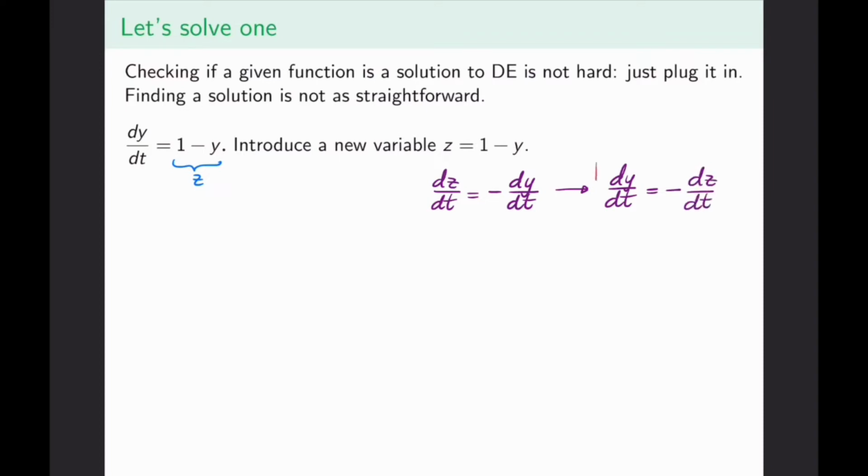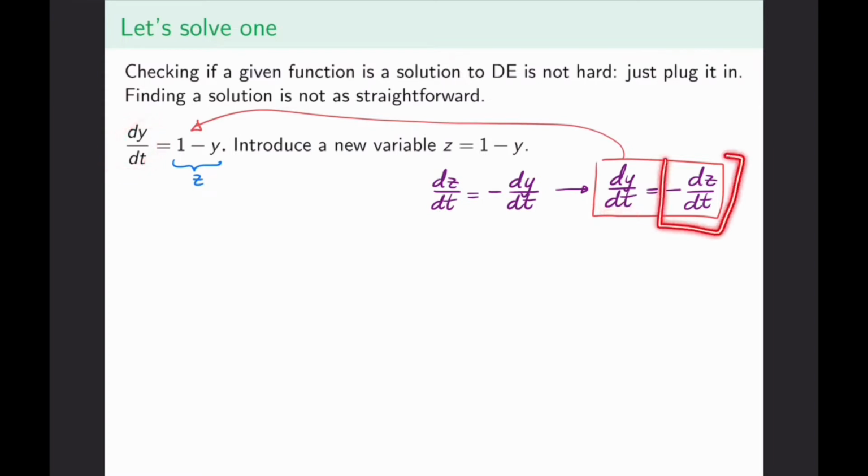I am now going to use this expression to consolidate my two variables. So dy/dt, which is the left-hand side here, is actually the same as minus dz/dt. So I'm simply going to replace it with that. The left-hand side here is minus dz/dt, and the right-hand side here is exactly what I called z. So this one simply gets transferred down as z.